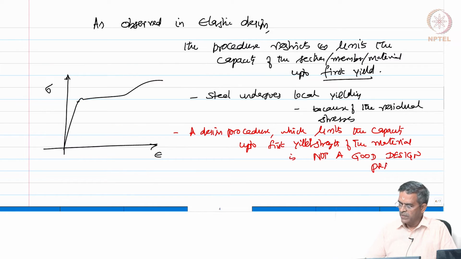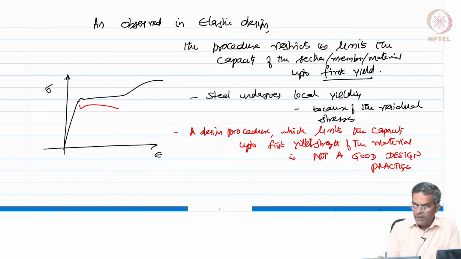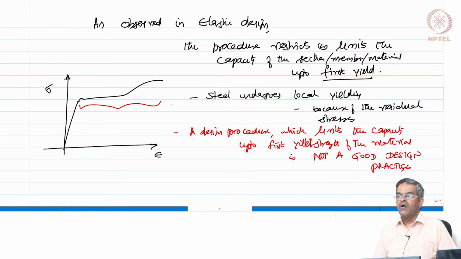Why? There is a reason for this. Beyond the first yield, it has a lot of ductility, a lot of reserve energy present in the material. Okay? So, what did the design procedures used to do?